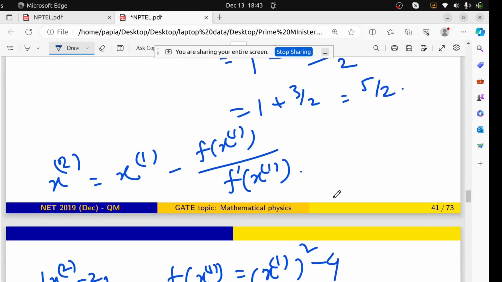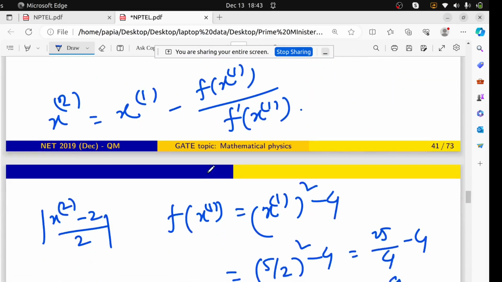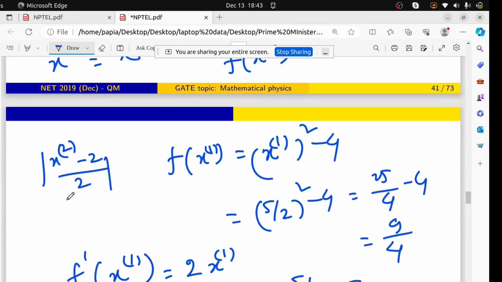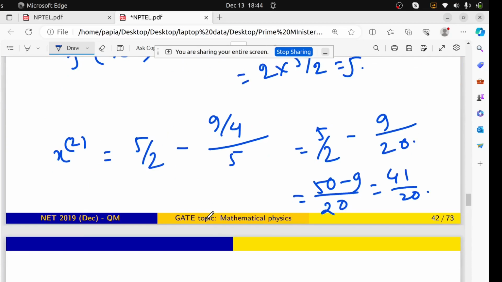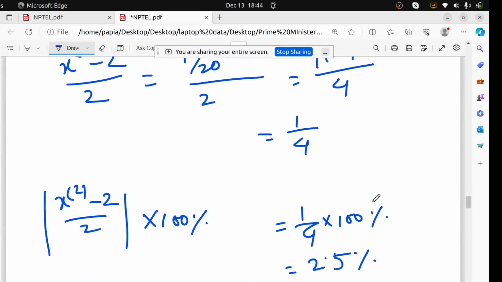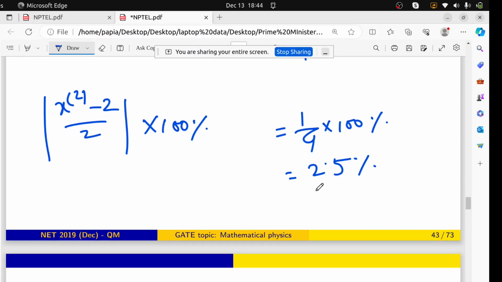From that x1 value we got the x2 value. Now they are asking x2 minus 2 by 2 into 100%. Then we have the answer that it will be 1 by 4 into 100%, which is 2.5%.